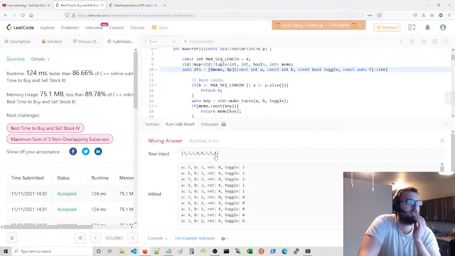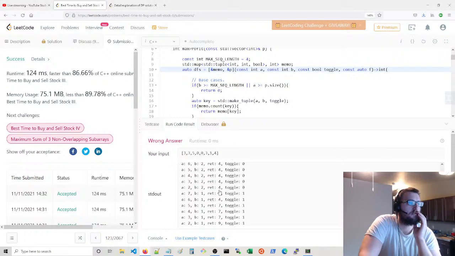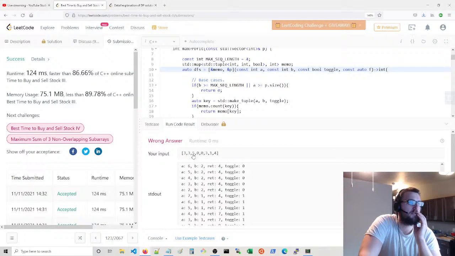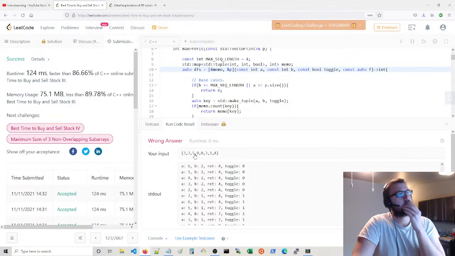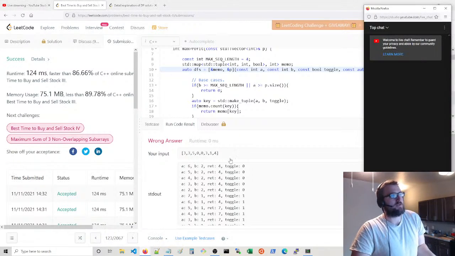We get to 7, 2. Buying. Oh, that's interesting. So it looks like we sell 4, buy 0. That's good. And then sell 4, sell 7, it looks like. This is tricky.